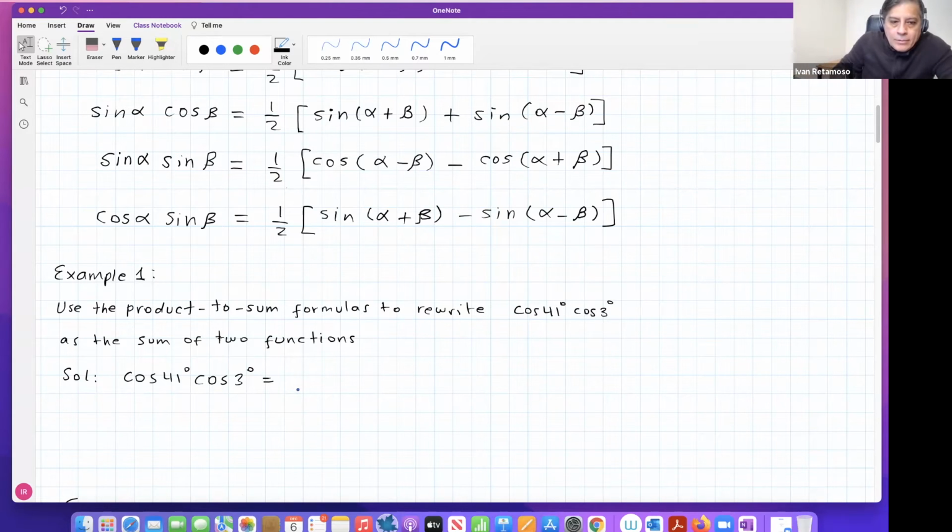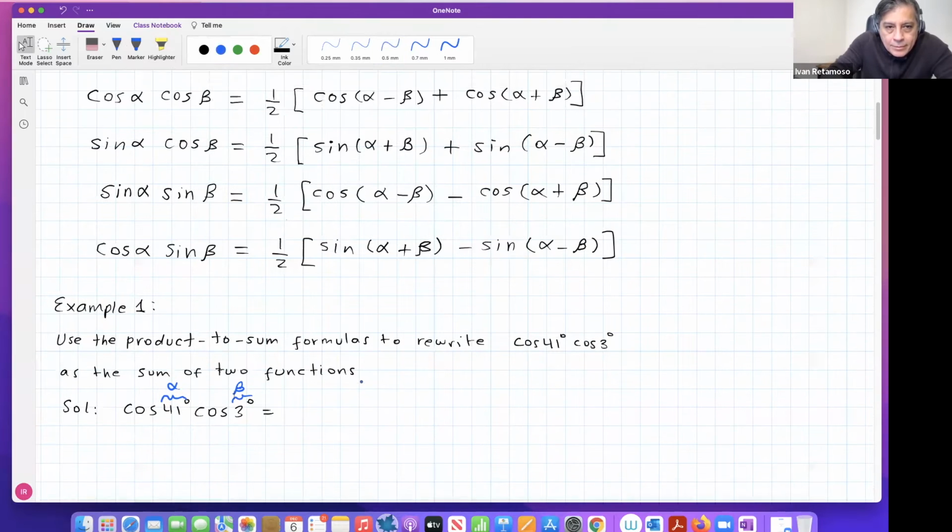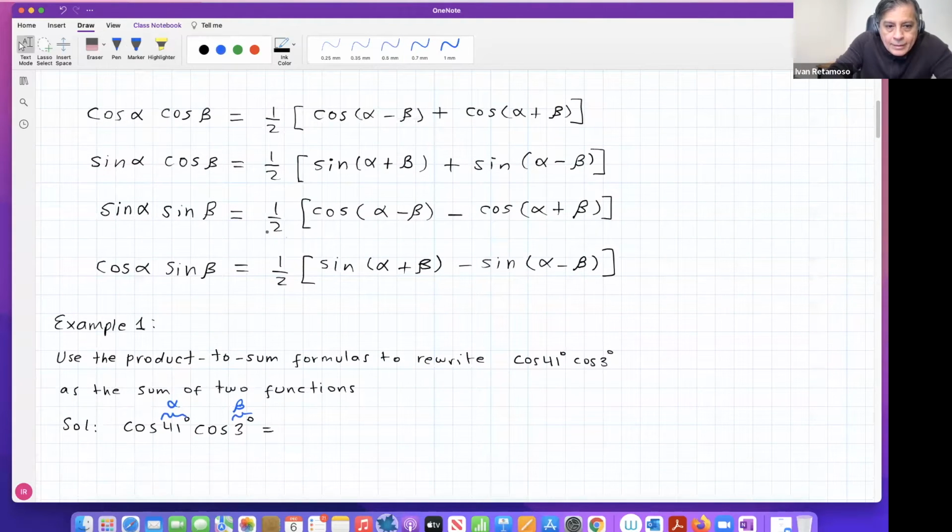I am going to call the angle 41 degrees alpha and the angle 3 degrees beta. I'm trying to turn this into a sum. So if you look up here, there is a way to turn the multiplication of two cosines into a sum. So let's do that. Alpha is 41 degrees, beta is 3 degrees.